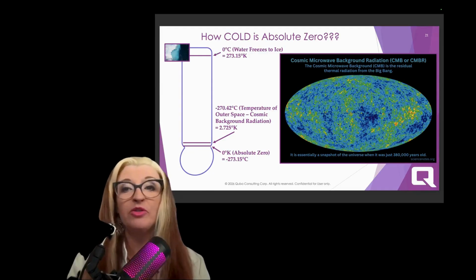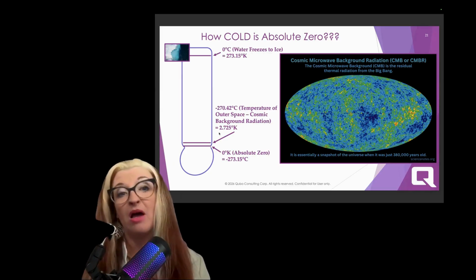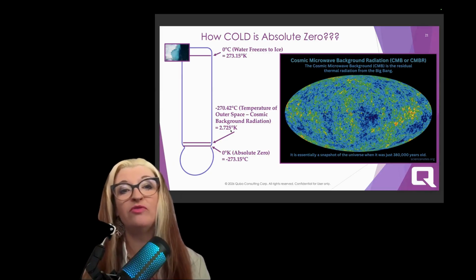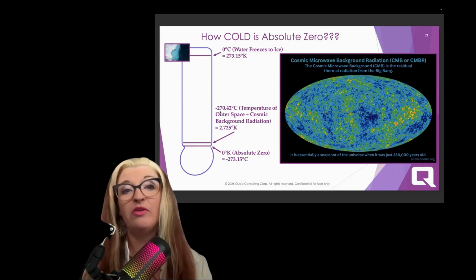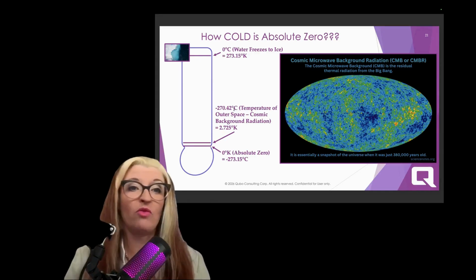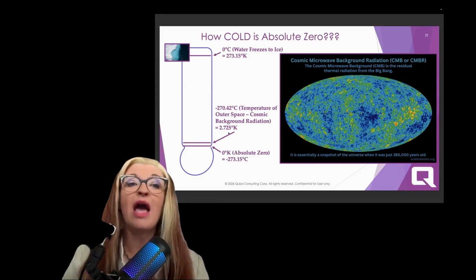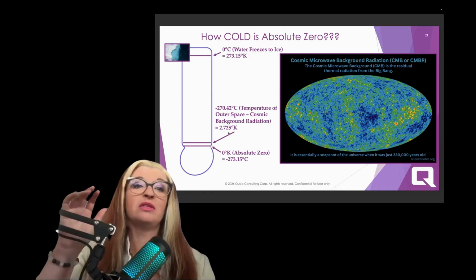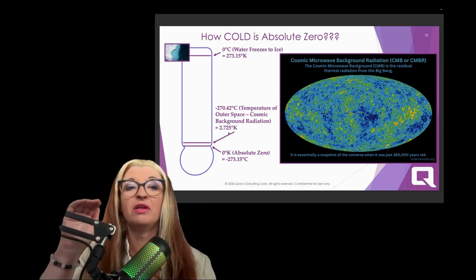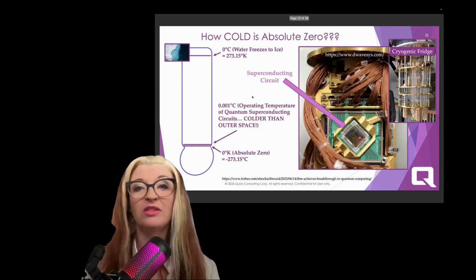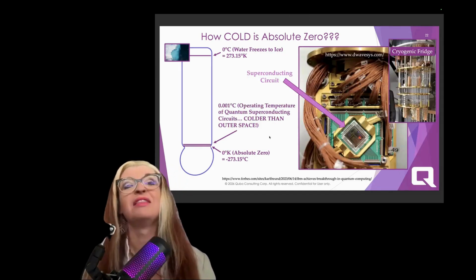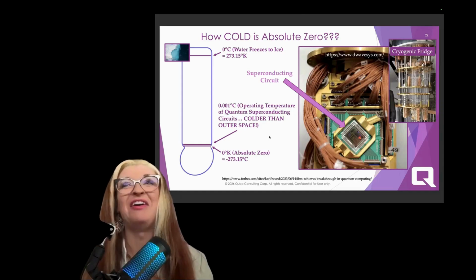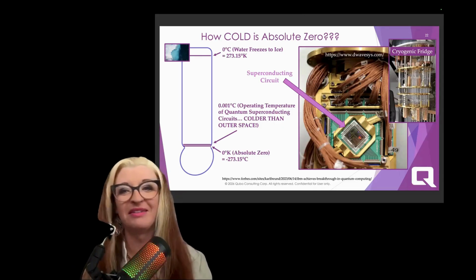The average temperature is around 2.725 degrees Kelvin. So that's minus 270.42 degrees Celsius. So the background of outer space is almost 3 degrees Kelvin. So these superconducting circuits are colder than outer space, on planet Earth. I think that's just mind-blowing that we do this every day.